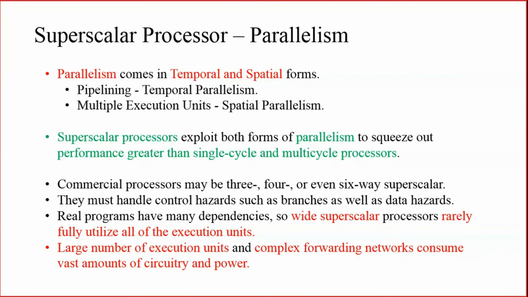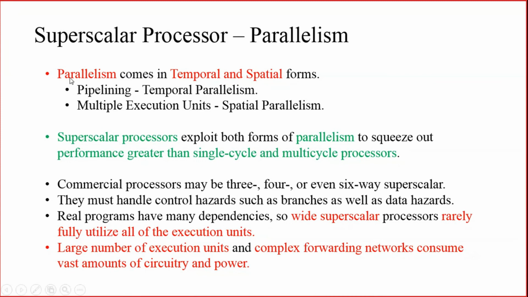Next we will go on to the parallelism which is implemented in the superscalar processor. When we are discussing parallelism, there are two types: one is known as temporal parallelism, another one is spatial parallelism. Temporal parallelism is implemented by using a pipeline, so it is parallelism in the time axis.